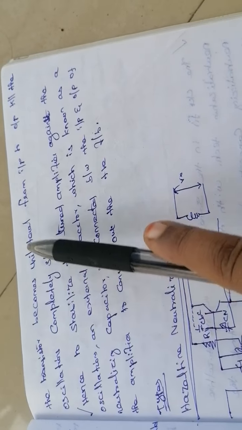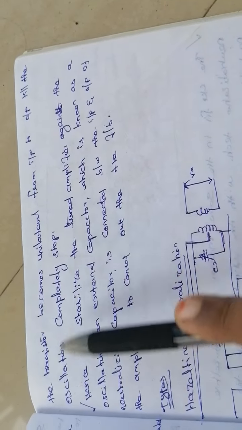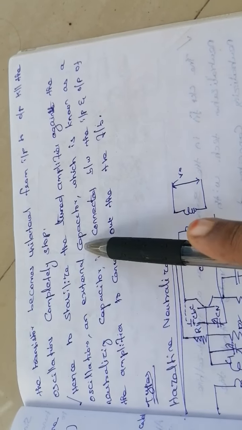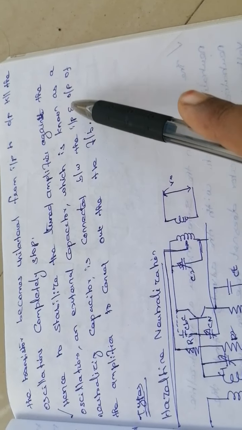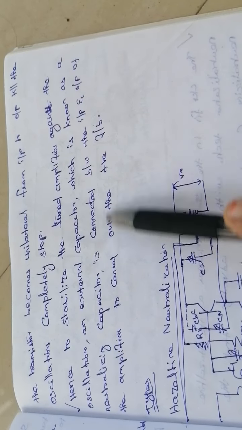The transistor then becomes unilateral from input to output till the oscillations completely stop. Hence, to stabilize the tuned amplifier against oscillations, an external capacitor, known as a neutralization capacitor, is connected between the input and output of the amplifier to cancel out the positive feedback.